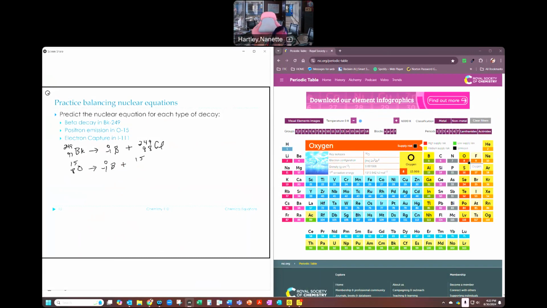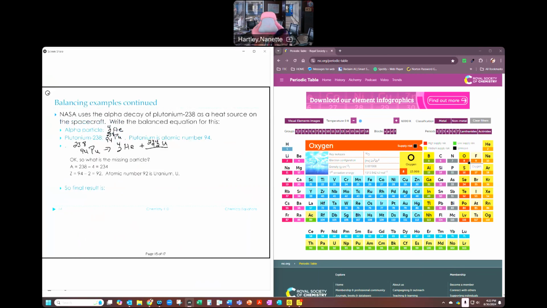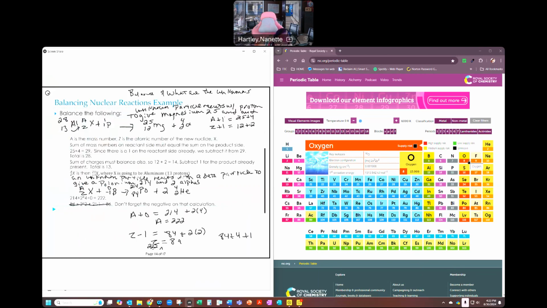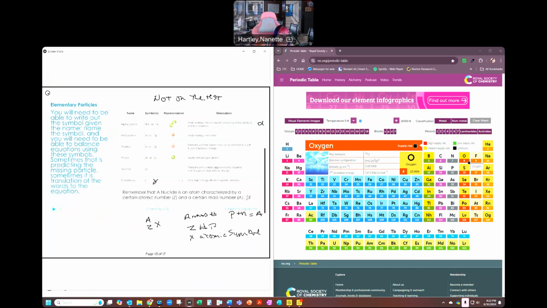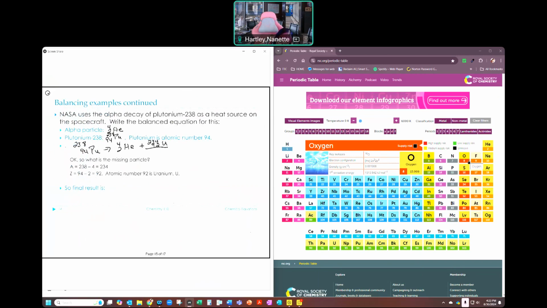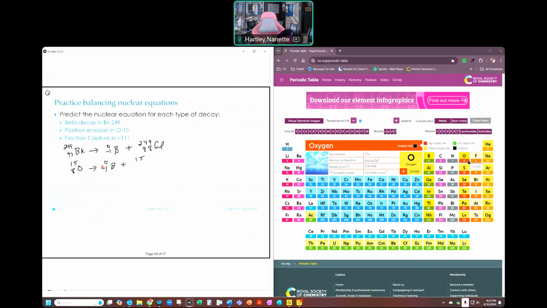Wait, hold on. Oh, no, my positron is not -1 beta. It's a +1 beta. Yeah. So if that's the case, then this needs to be a 7. And 7 is nitrogen. Okay. So positron should be positive, not negative.